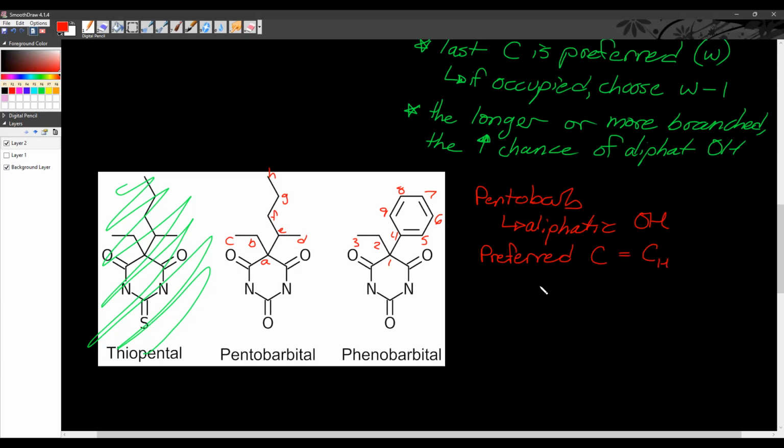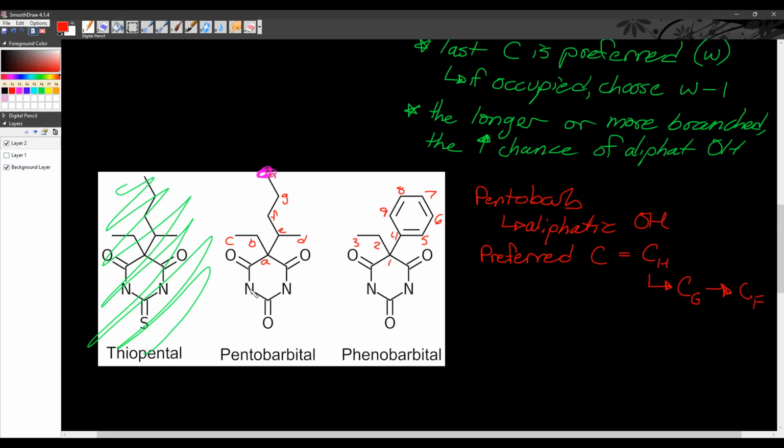What would be the next preferred carbon? So let's say that there was a tert butyl group coming off of H. So it's fully occupied where something is connected to this where this isn't valid anymore. Exactly. G would be next. What would be after G? F. There you go. Now you get it.